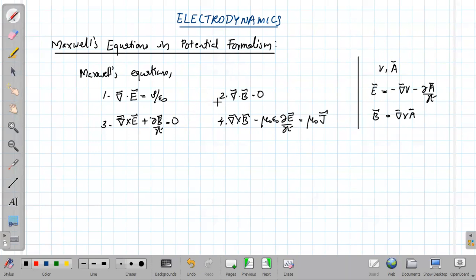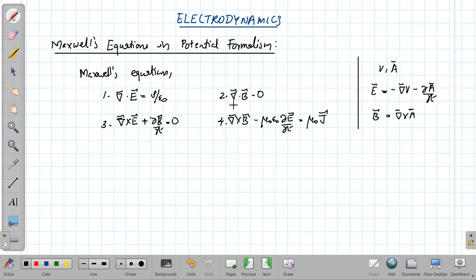Therefore equations number 2 and 3 will not give any additional equation when going from the field formulation to the potential formulation. If you put B equal to del cross A in del dot B equal to 0, you get del dot del cross A, which is 0, since the divergence of a curl is always 0, and you get 0 equal to 0. That would be a trivial equation.